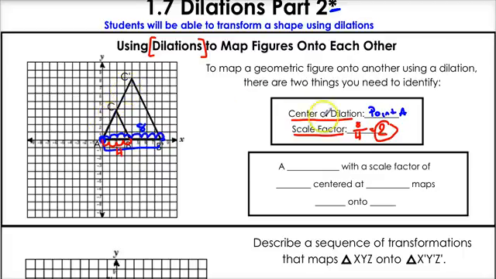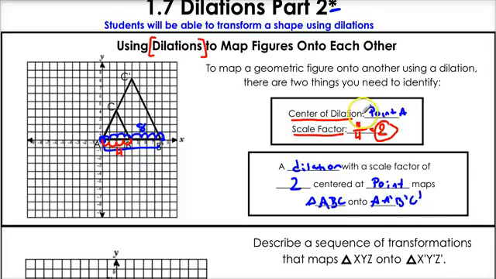So anyway, once you find the center of dilation and the scale factor, we'll just phrase our sentence like this. To map ABC onto A prime, B prime, C prime, we're going to use a dilation with a scale factor of 2, centered at point A, maps triangle ABC onto triangle A prime, B prime, C prime.